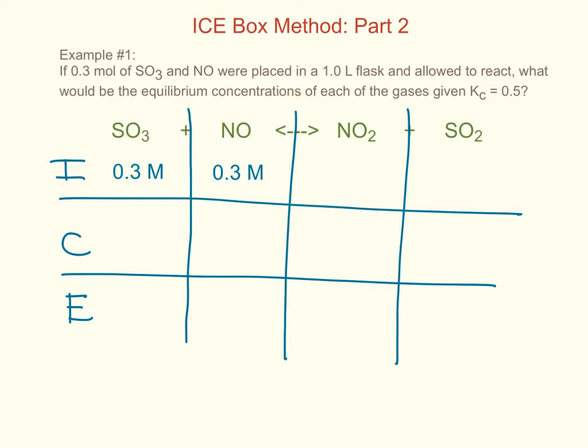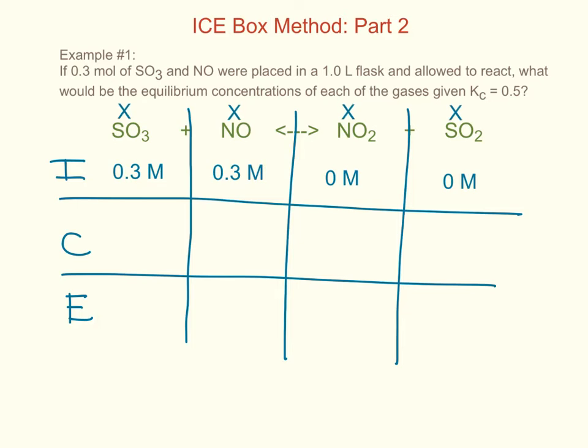So my initial concentrations for my products will be 0. And next, I can put in my x's for all of my compounds and bring up any coefficients. But in this one, I don't have any coefficients, so all of my compounds just become x.